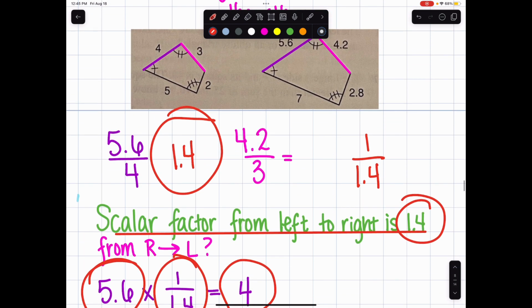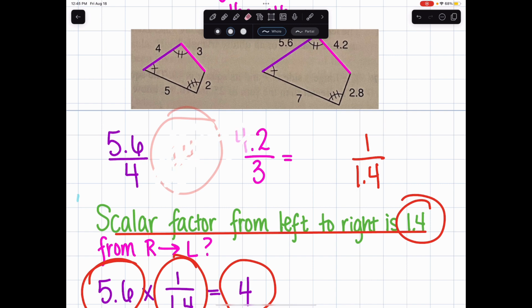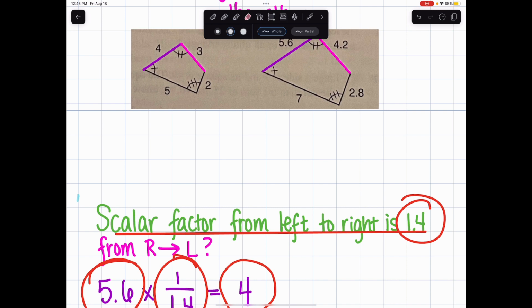I actually like to do it a different way. I like to use corresponding sides and do ratios. Let me show you how to do that really quick. So this side is the same as this side, and this is the same as this. Okay, so I can make a ratio. 5 is to 7 as 4 is to 5.6.